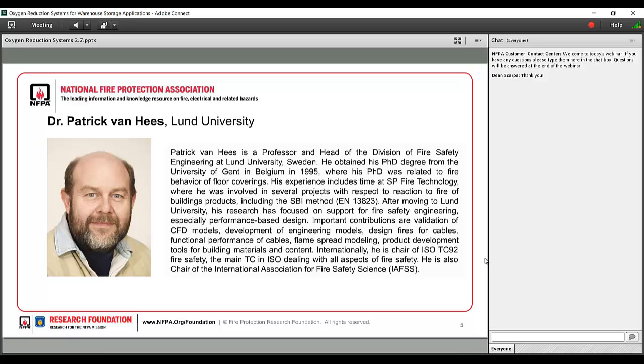Important contributions are validation of CFD models, development of engineering models, design fires for cables, functional performance of cables, flame spread modeling, product development tools for building materials, and content. Internationally, he is the chair of the ISO TC92 Fire Safety, the main TC in ISO dealing with all aspects of fire safety. He is also the chair of the International Association of Fire Safety Science.